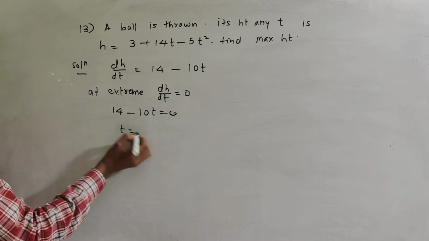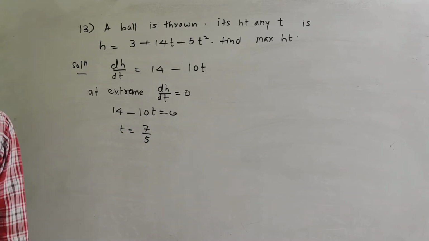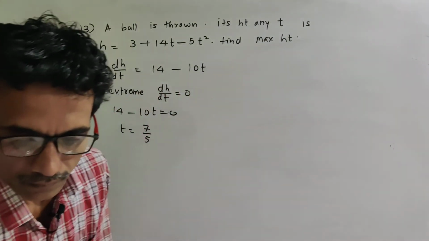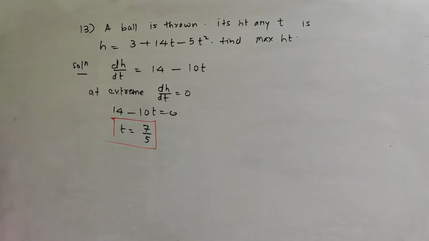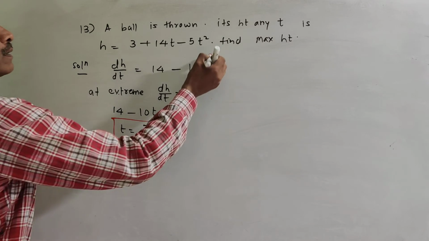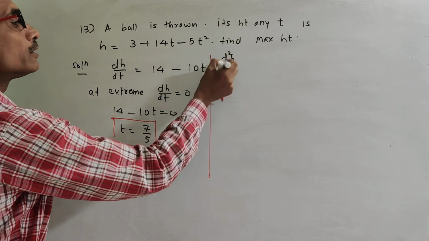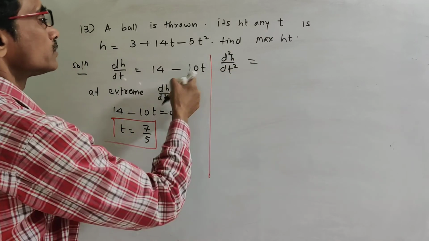That means t is equal to 7 by 5. This is a stationary point where the height of the ball is maximum. Now we also find the second order derivative: d square h by dt square is minus 10.